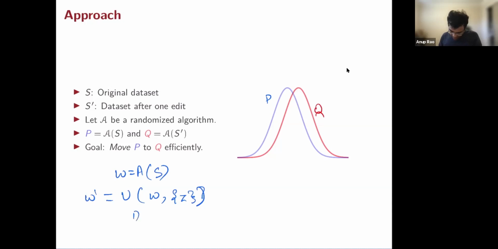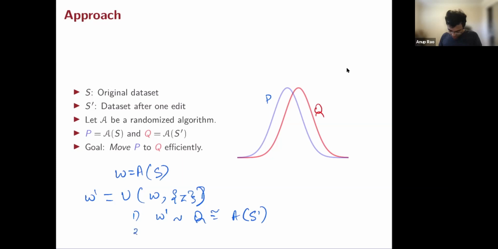So one condition is we want W prime to be distributed like Q, which is essentially the distribution of A of S prime. And we want this unlearning computation to happen quickly, efficiently.